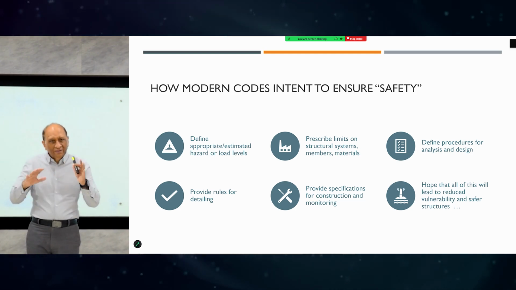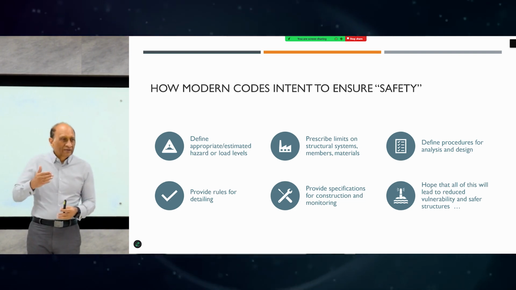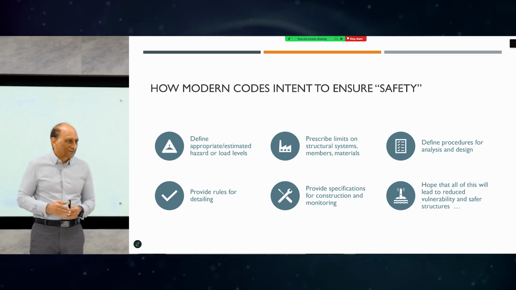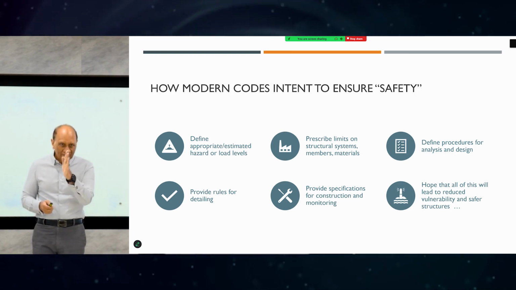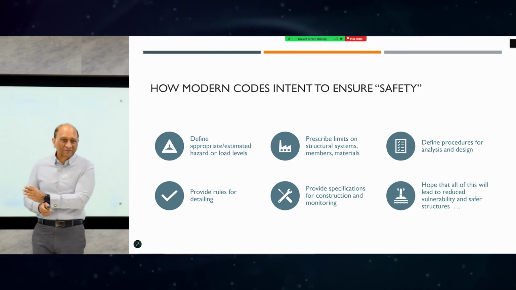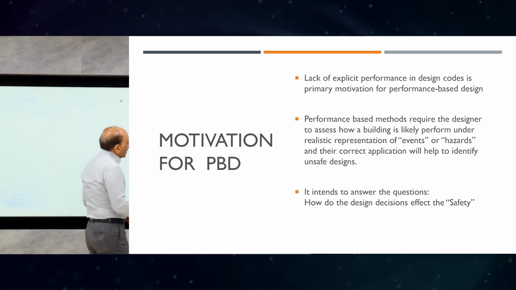So we do very detailed analysis and very detailed evaluation until we can satisfy ourselves, oh, this will be fine. That is the performance-based design, that you check the performance criteria one by one yourself and don't believe the code. So that's the idea.